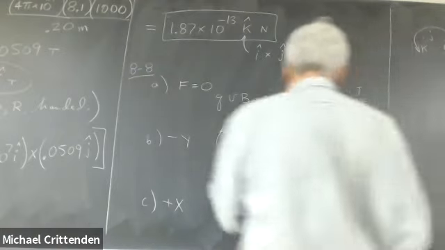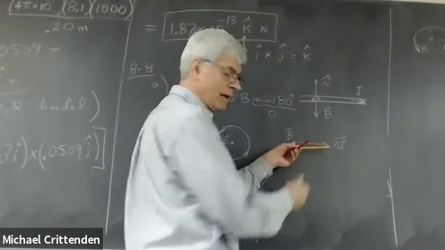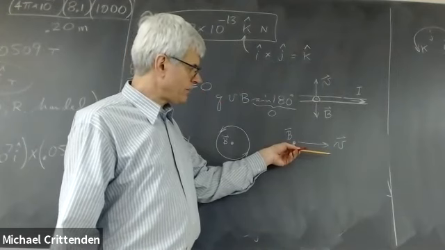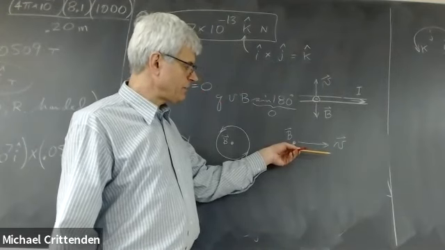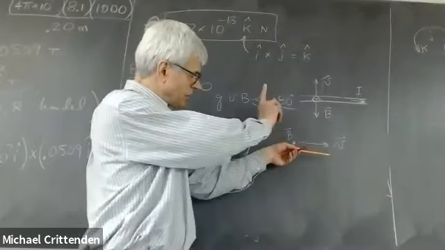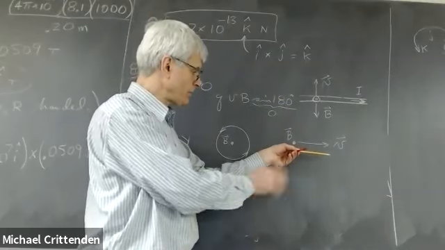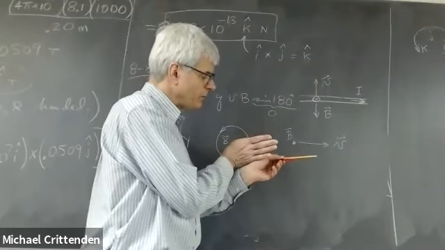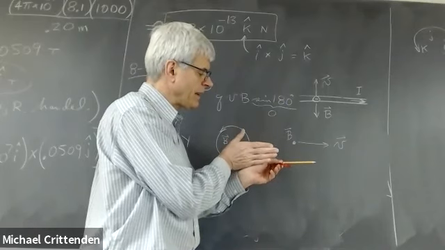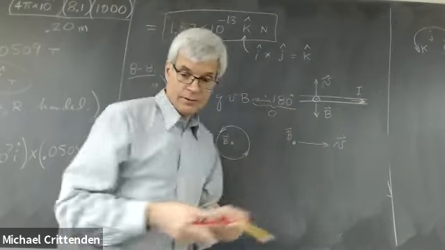But if you're going to build a little model, B is that way, V is that way. And so the cross product, V cross B, has to be perpendicular to both of those things, which means it's either plus or minus Y. To choose between those, wrap your fingers around the y-axis, pointing from the first vector toward the second. V cross B points up.